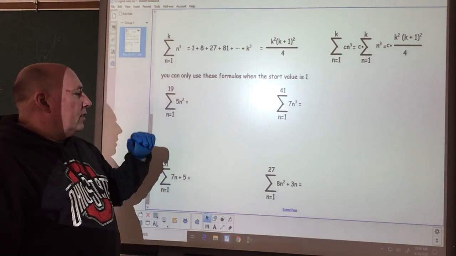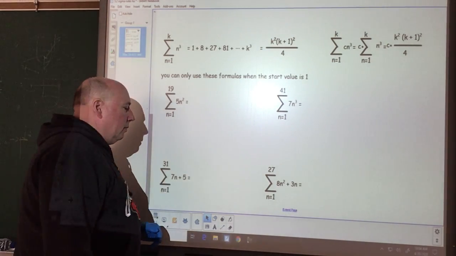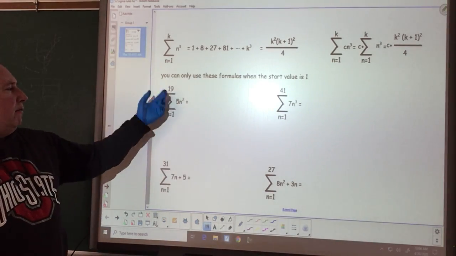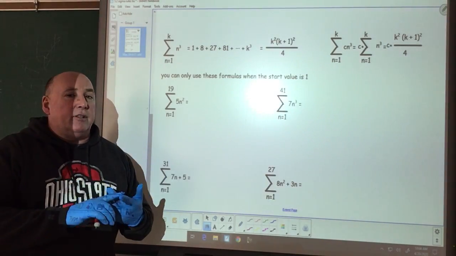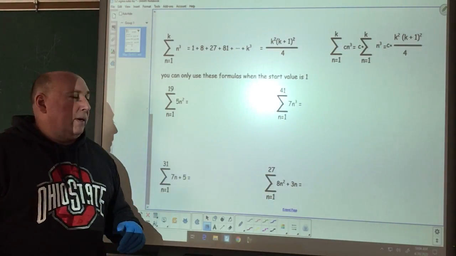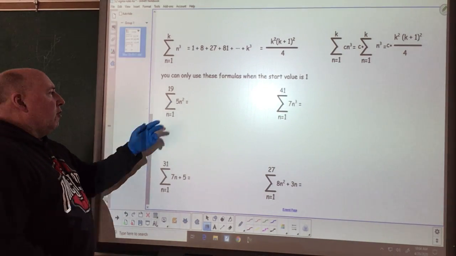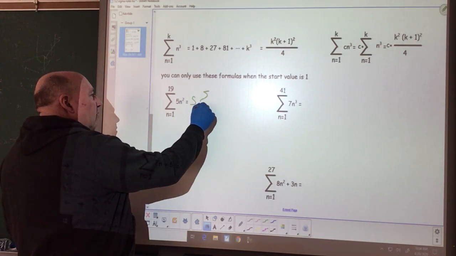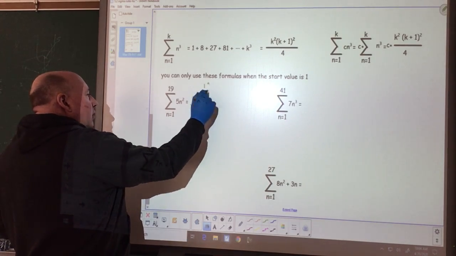So if we take a look at some problems. I have the sigma of 1 to 19 of 5n squared. Well, I have an n squared term here. It's not arithmetic, it's not geometric, but I want to find my series. So how can I find the series? Well, I can first move my 5 out front.